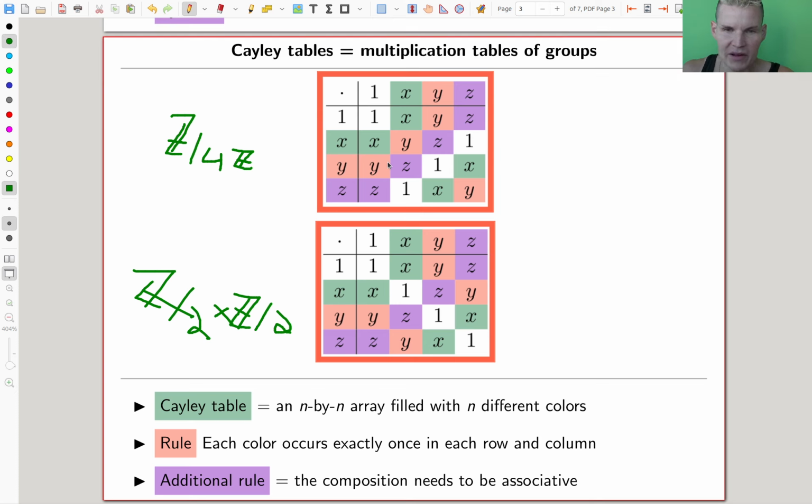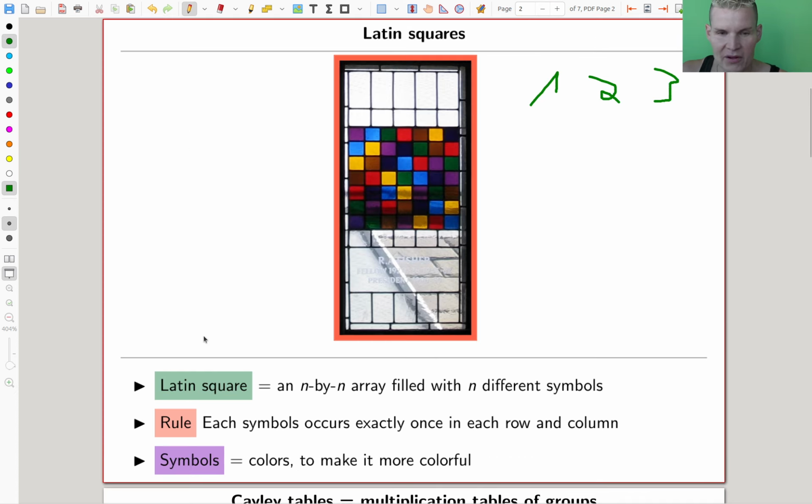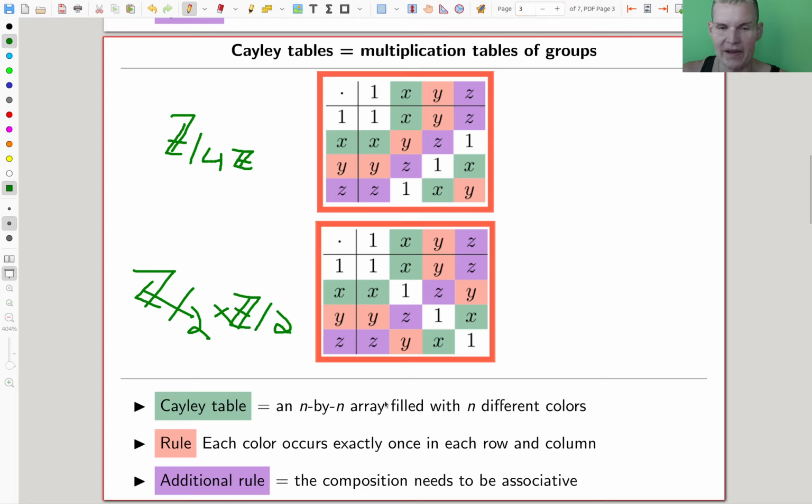Similarly, you could define Latin squares up to permutation, so it doesn't really matter in what order your elements come. And it looks really similar. Latin squares: an n by n array filled with n different symbols, each symbol occurring exactly once in each row and column. Cayley tables: an n by n array filled with n different symbols, colors, each color occurring once in each row or column. Looks very similar, but there's one hidden condition.